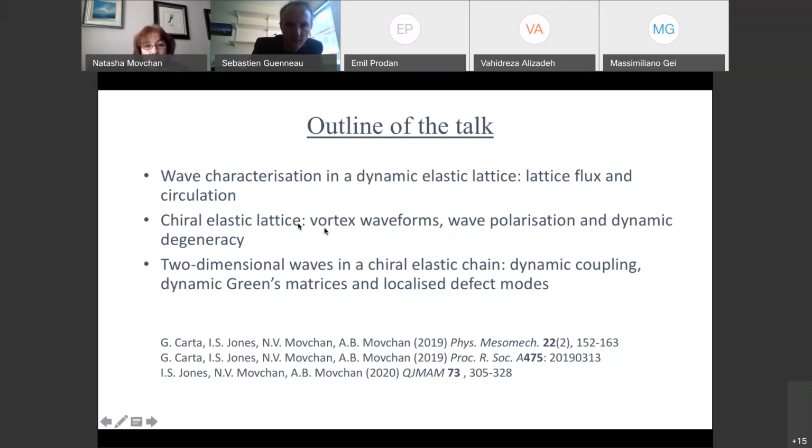And finally, I will talk about dynamic coupling, where I will look at a very simple example of a chiral elastic chain, which will be a one-dimensional object geometrically, but it will still support two-dimensional waves. This talk will be based on the three papers which I mentioned here, which we recently published in 2019 and 2020 on these three topics.